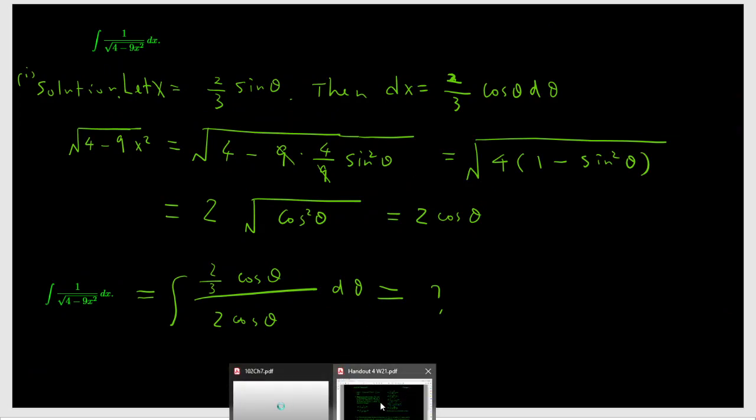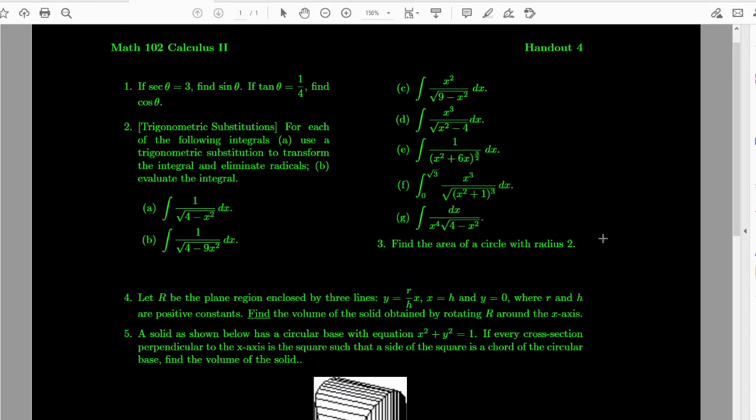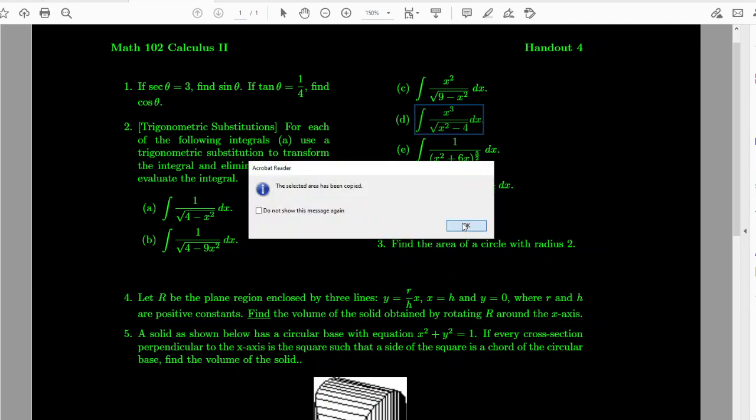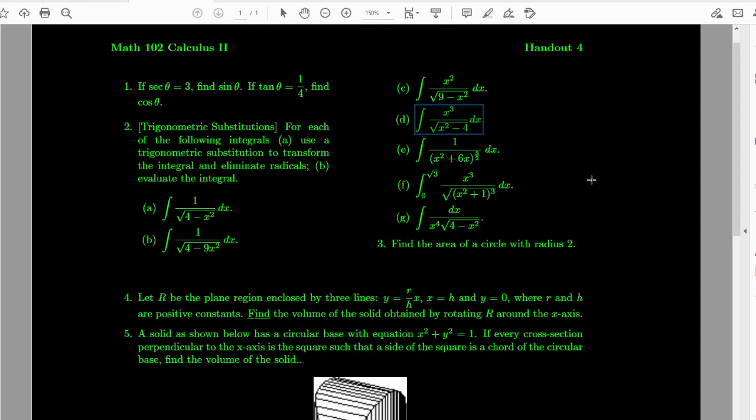If you don't have any questions, now question D. Question D is in the nature of using the third trig identity to get rid of the radical.